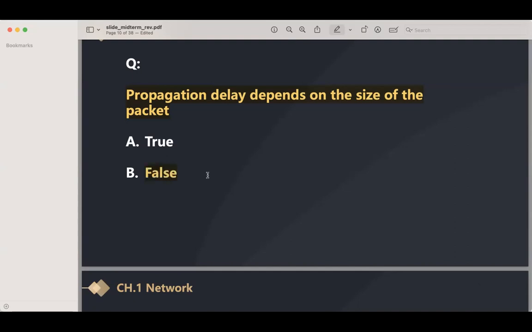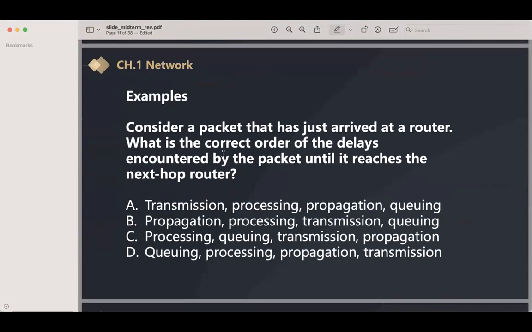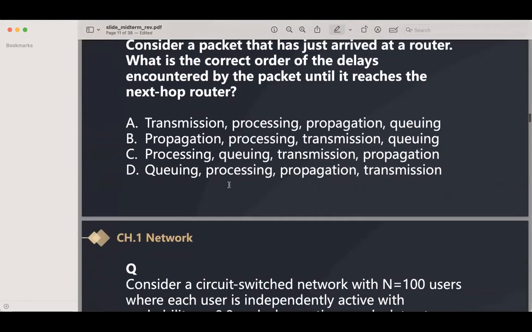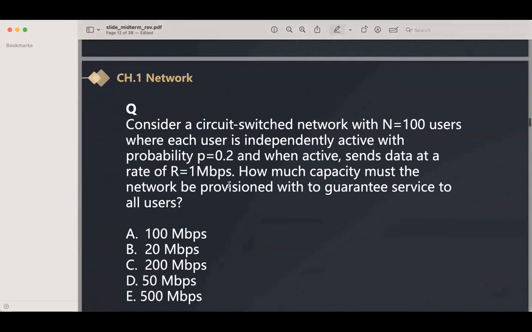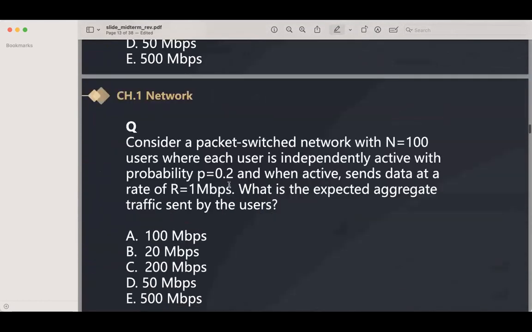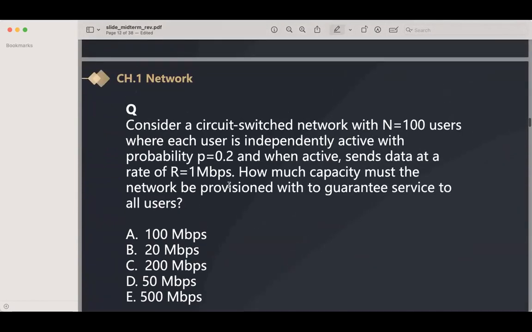We only care about the physical distance. This one is too easy for you, so it may not be tested. Try another one. Try this, the first one here.